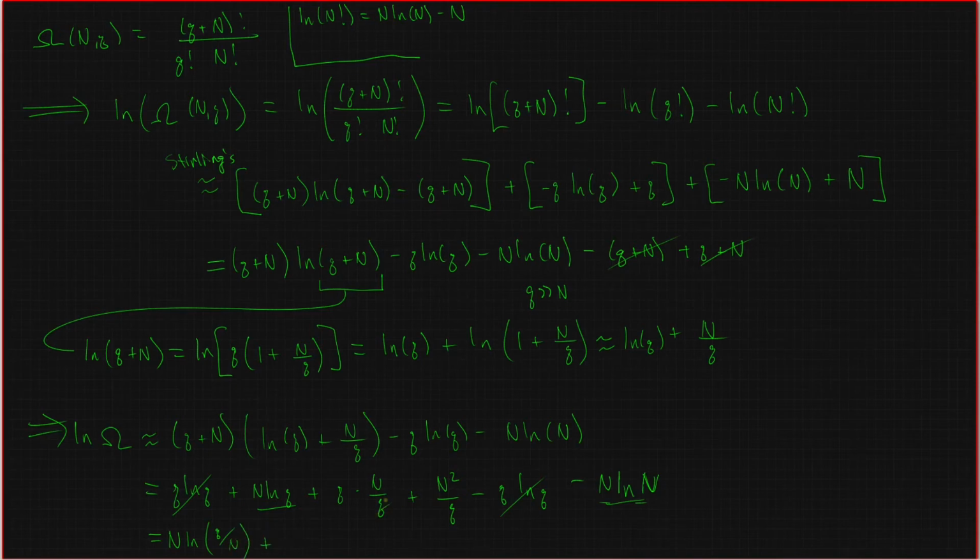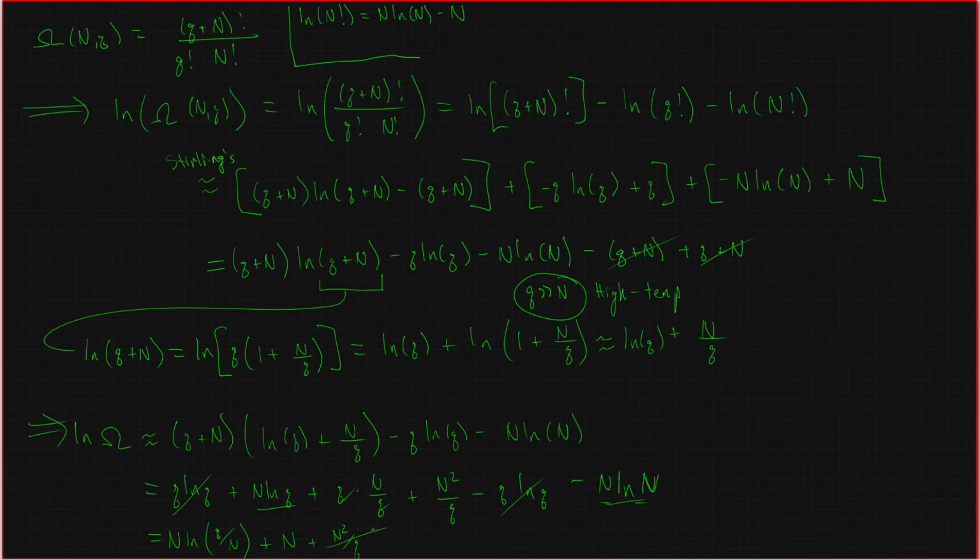And then we've got an n plus n squared over q. Okay, but keep in mind that we assumed up here that we have the high temp assumption, which is that q is much, much greater than n. So this term is negligible since you have q down here. So forget about it.